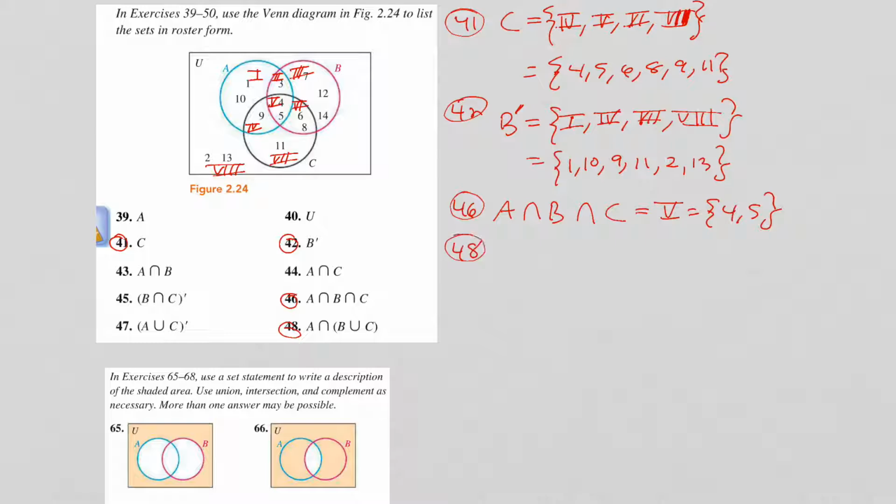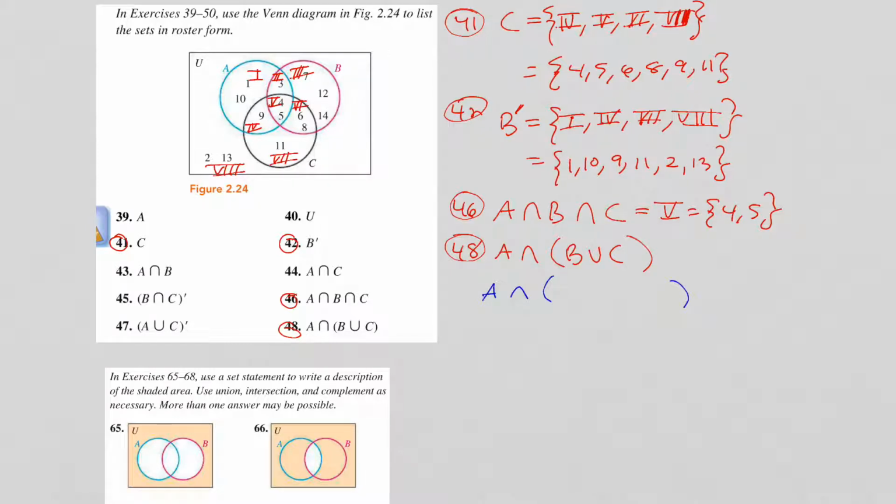Let's go to 48. This one's a little tricky, so you need to do what's in parentheses first. Okay. So what is in the parentheses?